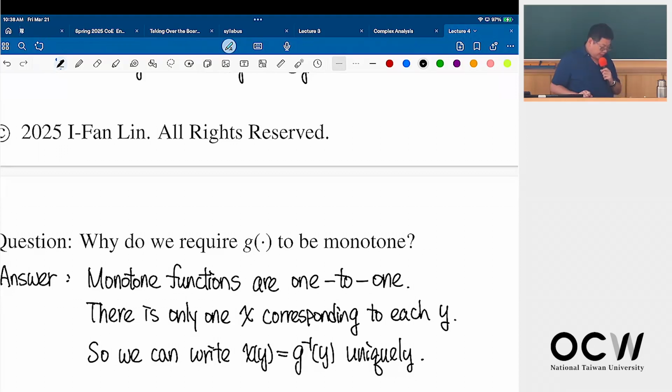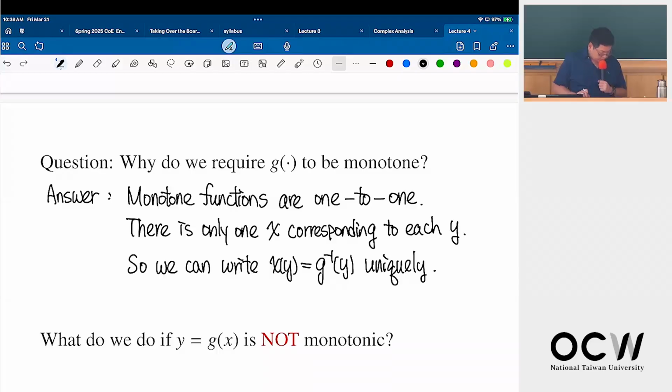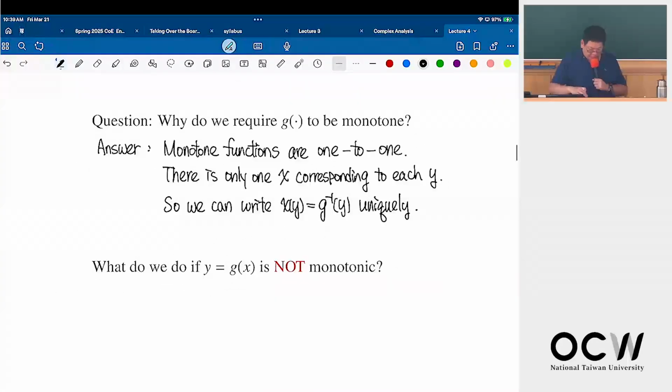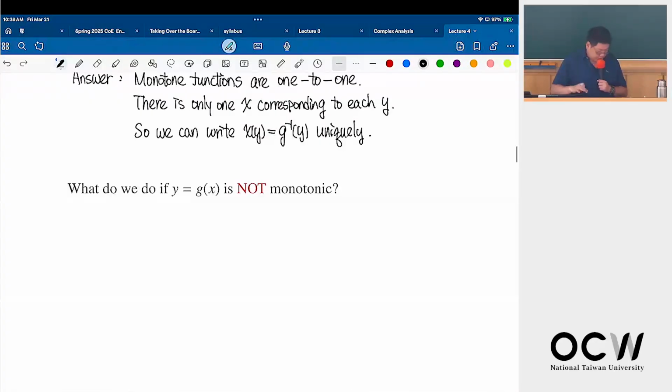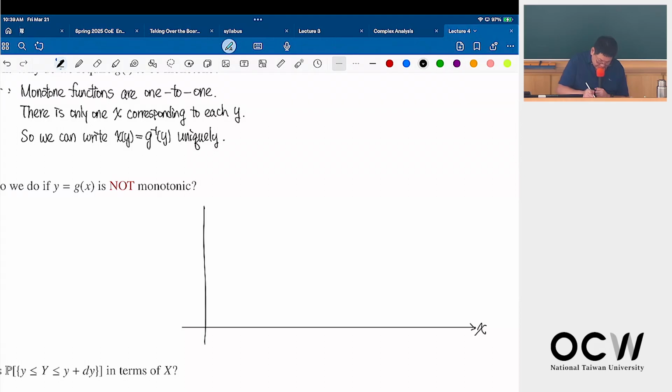So what if this function is not monotonic? So what do we do? What does that mean, that not monotonic? Let's draw this function. For example, this is x. This is y.